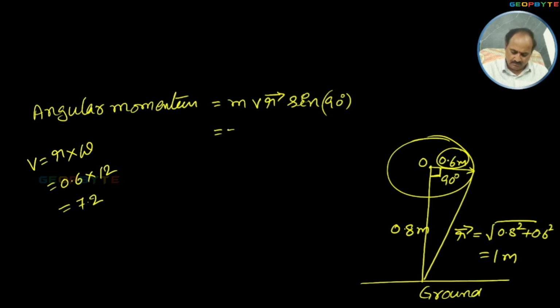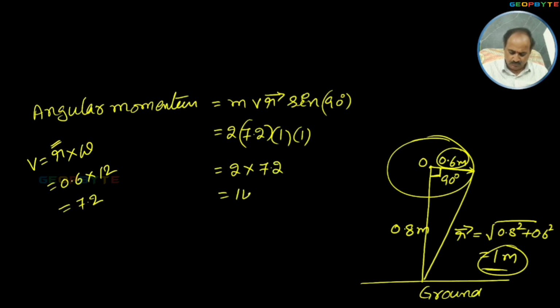It is equal to m, 2, into v equal to 7.2. The r bar is 1 meter. This is the r bar. And the radius of the circular path I am marking as r. So here it is into 1 into sine 90 also 1. It is equal to 7.2 into 2, which is 14.4.